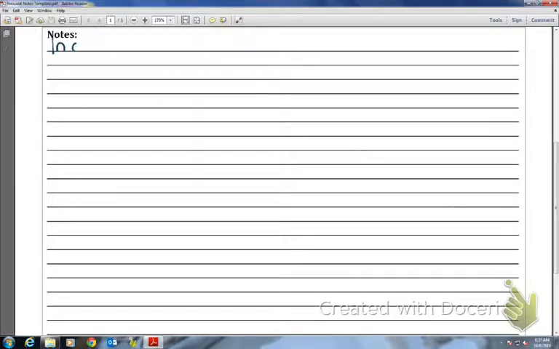So in order to graph a line, we need to first write the equation in slope-intercept form.